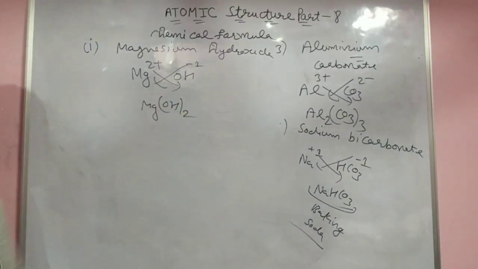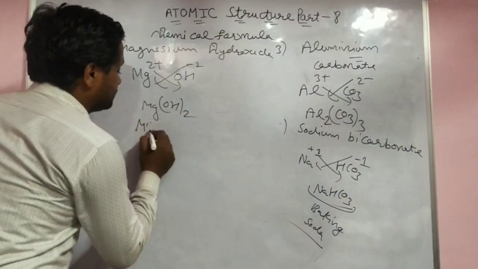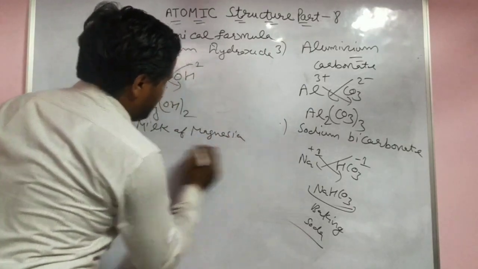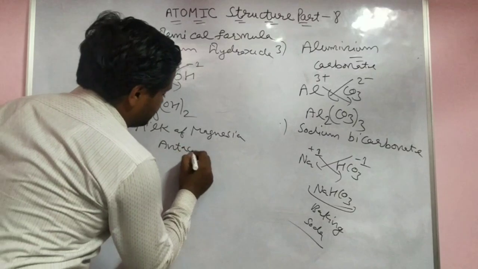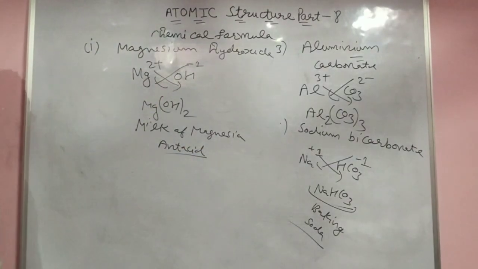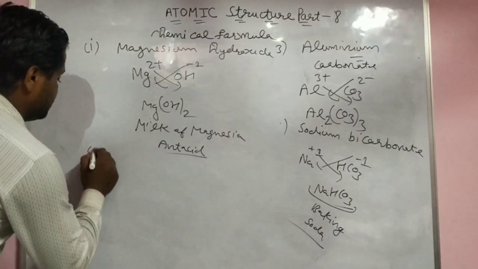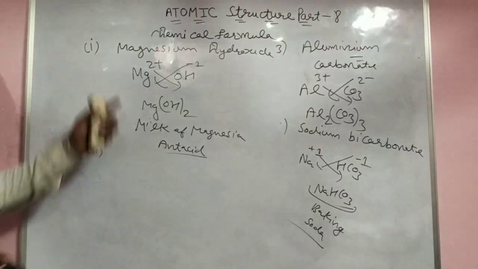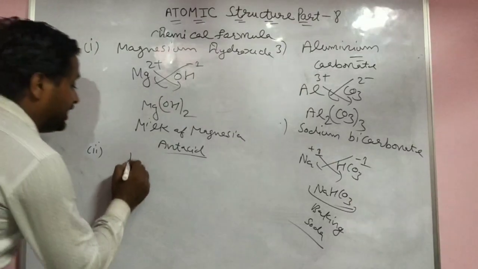You know their special name, that is milk of magnesia, used as an antacid to remove the acidity in the stomach. Yes, next, you see. Yes, magnesium hydroxide, ammonium hydroxide.